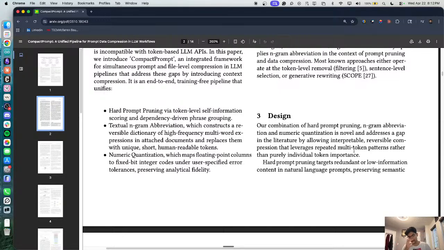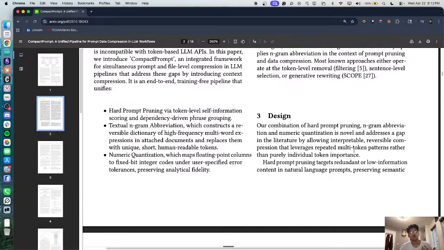There's a combination of hard prompt pruning, n-gram abbreviation, and numeric quantization. We know these at a high level, basically the function of what they do and how they approach it, but not exactly the low level implementation detail. That's stuff that we're tackling today.